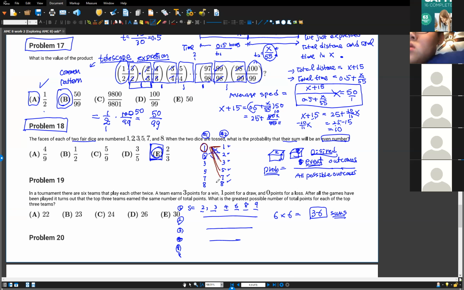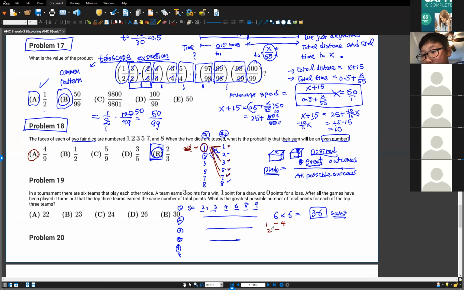Yes. 1 plus 8 is 9, not even, that is odd. So with the number 1, how many even sums? 1, 2, 3, 4. I got 4. With the number 1, there are 4.